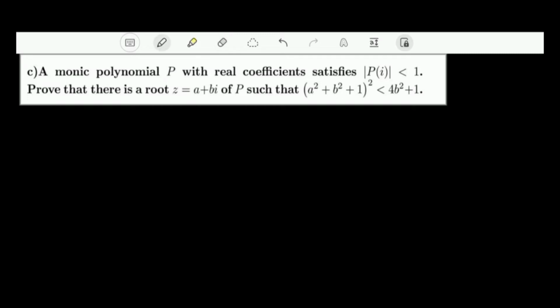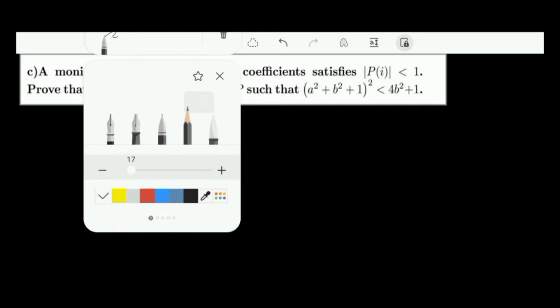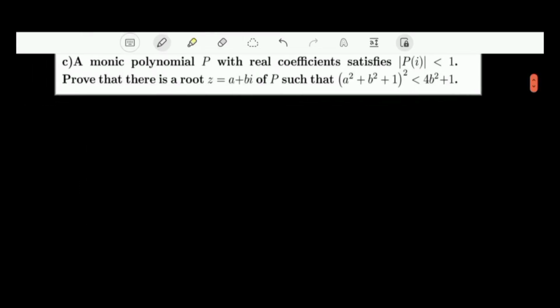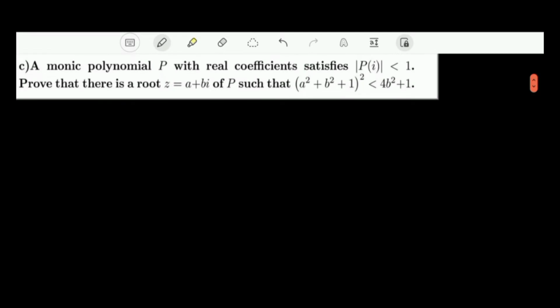For solving this problem, we first have to look into the form of a polynomial in terms of its roots.